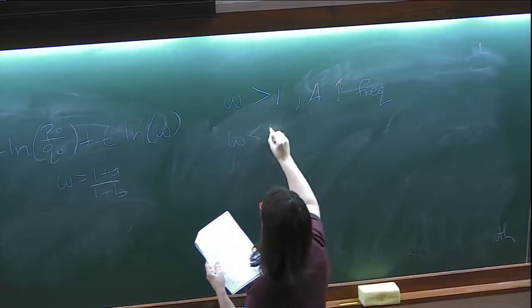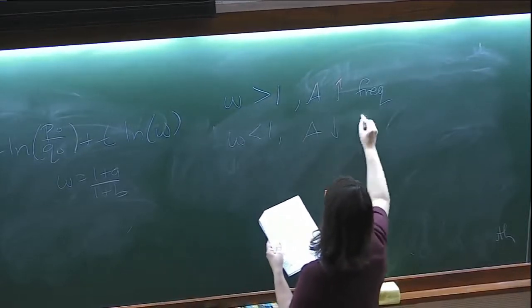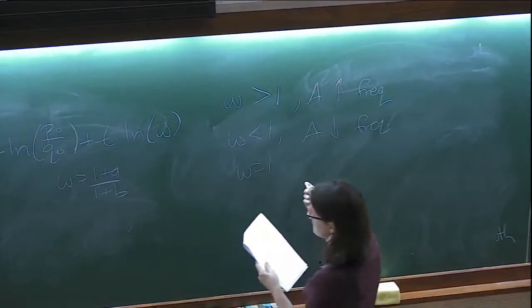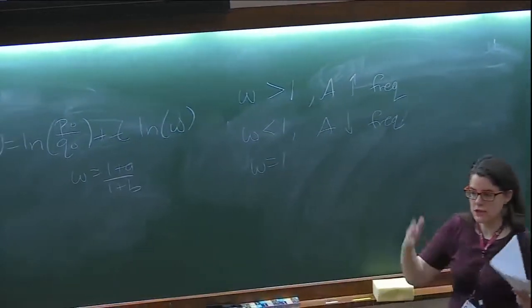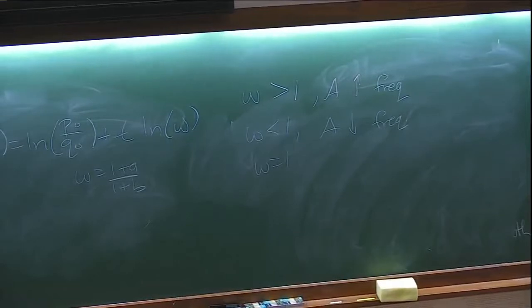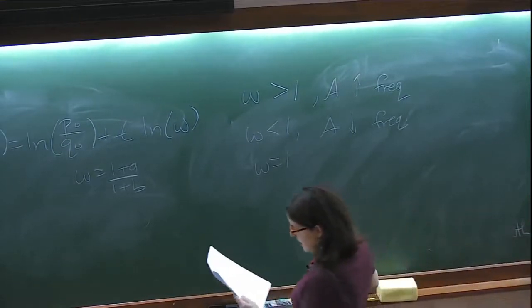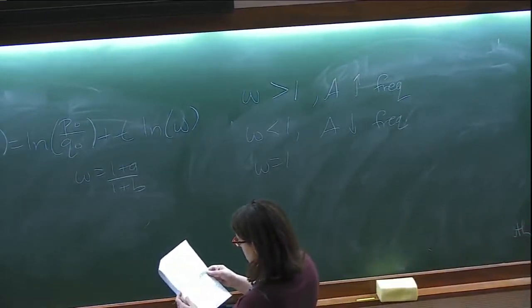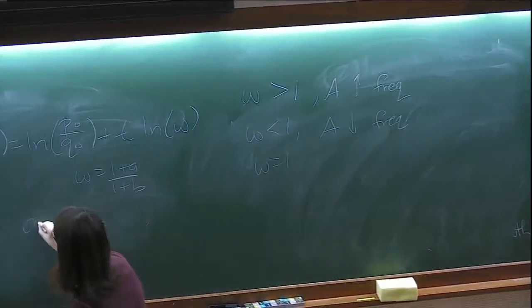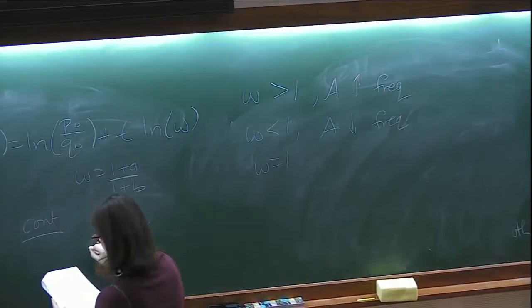If W is less than 1, A decreases in frequency. And W equals 1, they have equal fitness, and there shouldn't be a change in their relative frequency. So this particular definition of fitness, and we talked about lots of different definitions of fitness, has this relationship. The continuous time version of this ends up being quite similar.